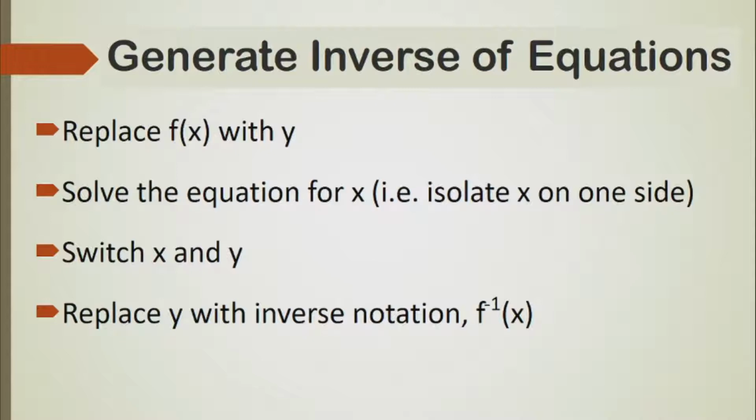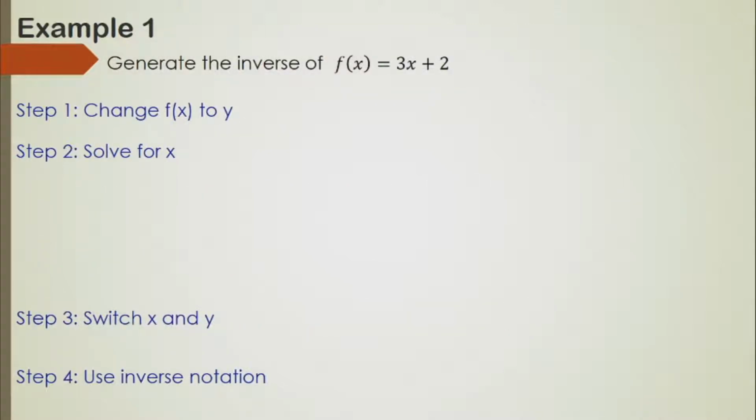So in this first example, we are asked to generate the inverse of f of x equals 3x plus 2. So we need to replace the f of x with y in the first step. So y equals 3x plus 2. Then we need to solve for x.